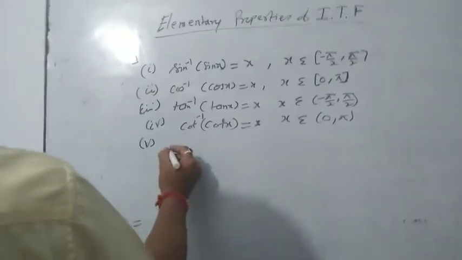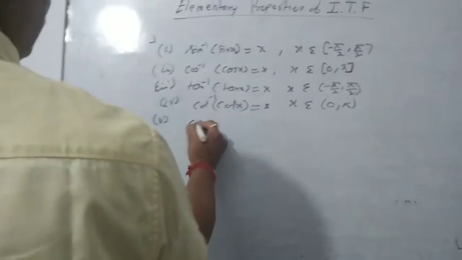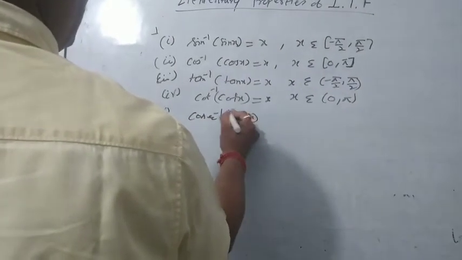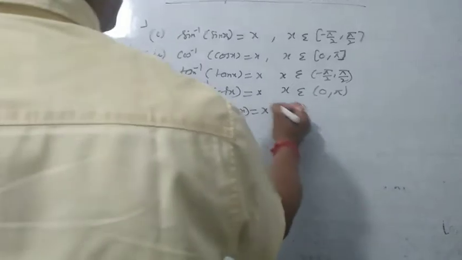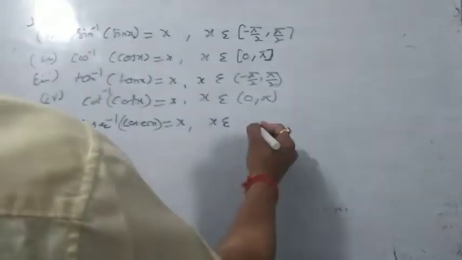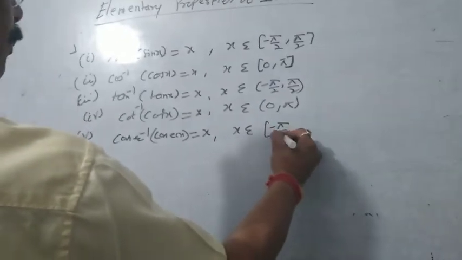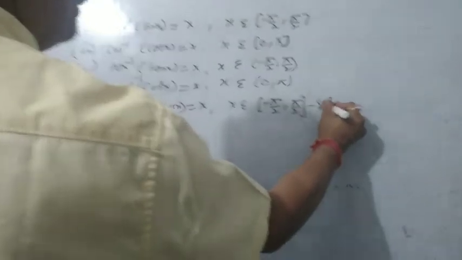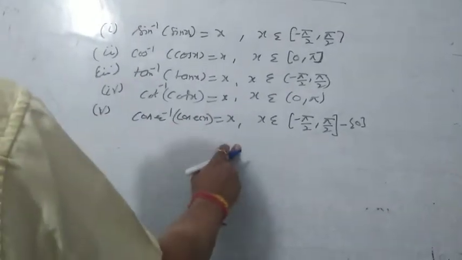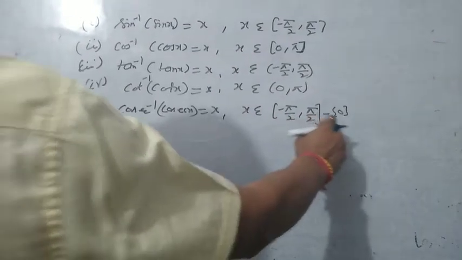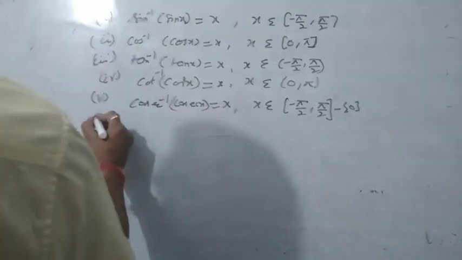And the fifth property again is cosec inverse cosec x is equal to x, where x is an element of minus pi by 2 to pi by 2 excluding 0, because cosec 0 is not defined, so x is an element of minus pi by 2 to pi by 2 except 0.